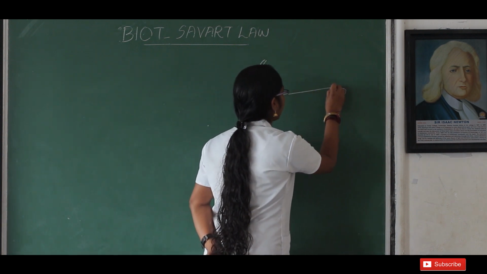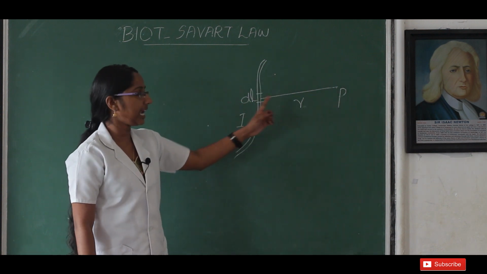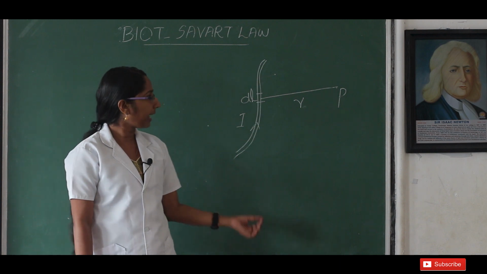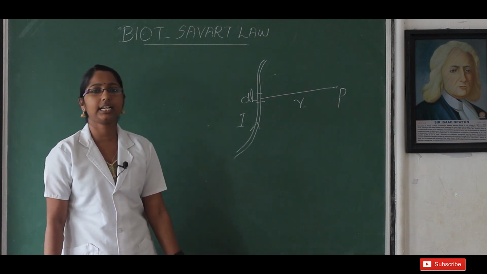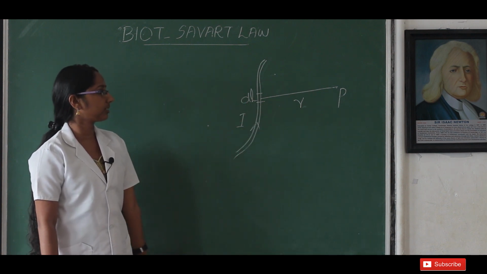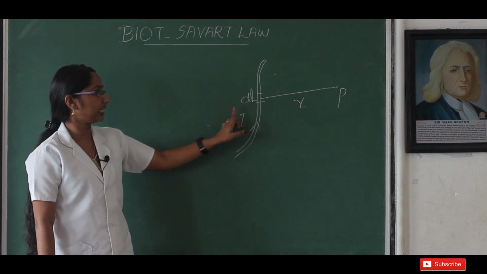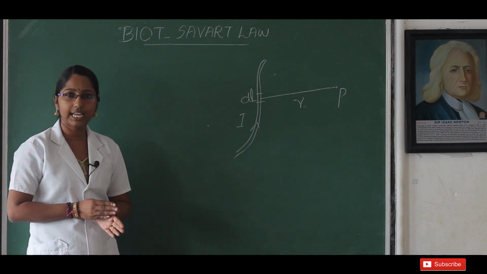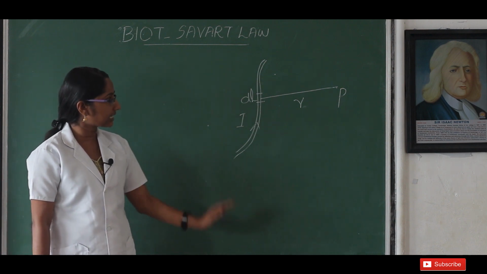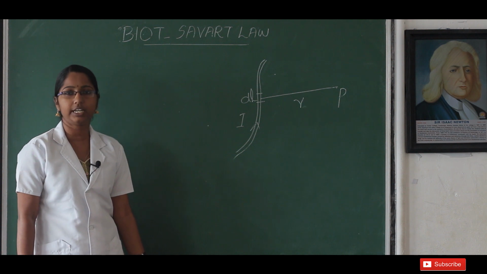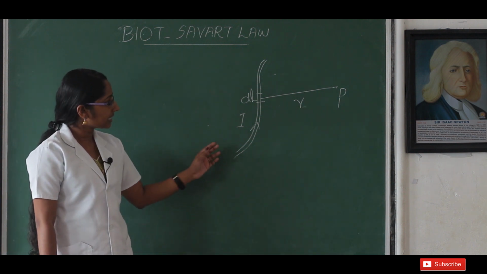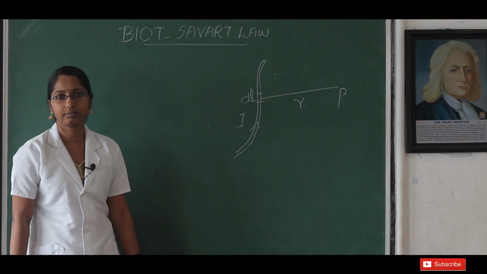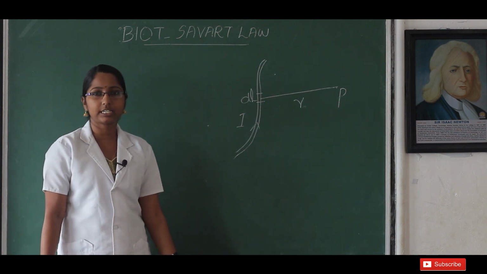And we are assuming that r is the distance between dl and P. And according to Biot-Savart law, it states that the magnitude of magnetic field is directly proportional to the current passing through it, directly proportional to the small element, and directly proportional to sine of the angle between dl and r, and it is inversely proportional to square of the distance between dl and r, and it is directed perpendicular to the plane containing dl and r, and we can represent it in mathematical form.